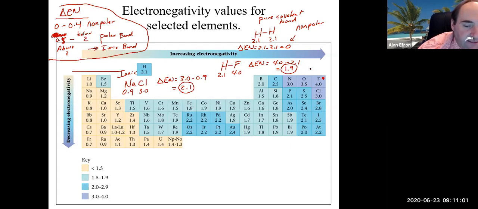And 1.9 is just below 2, and based on our scale, that would tell us this is a polar bond. So we can use the differences in electronegativity, a chart such as this, to determine whether we would expect the bond to be polar, nonpolar, or ionic. Any questions on how to use this type of table here?